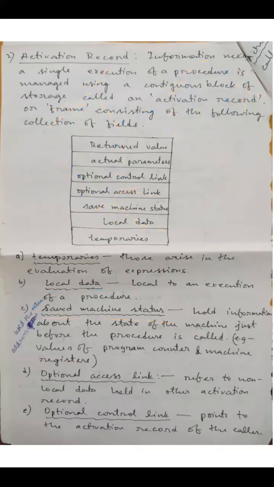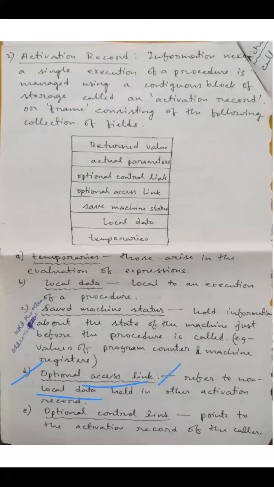The next part is the optional access link. It refers to non-local data, that means it refers to global data. When a function accesses any variable that is not local to that function, such as global data or a local variable created by another function, this information is stored in the optional access link section.